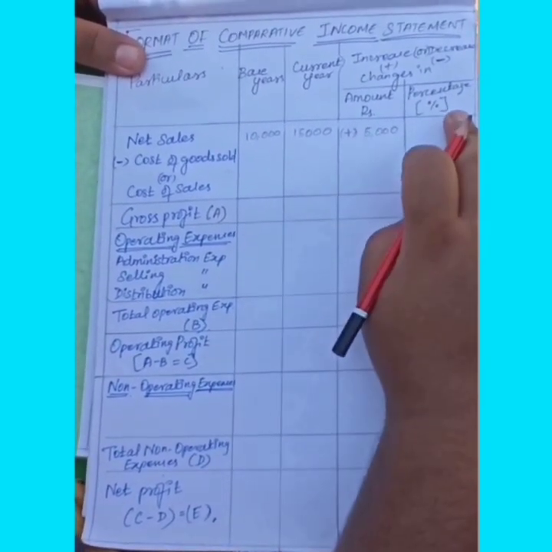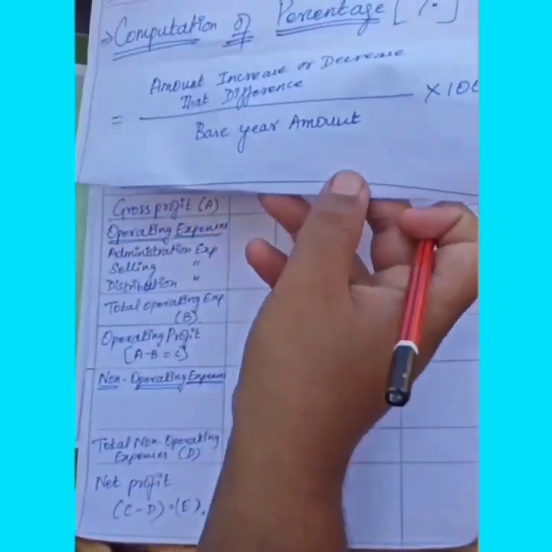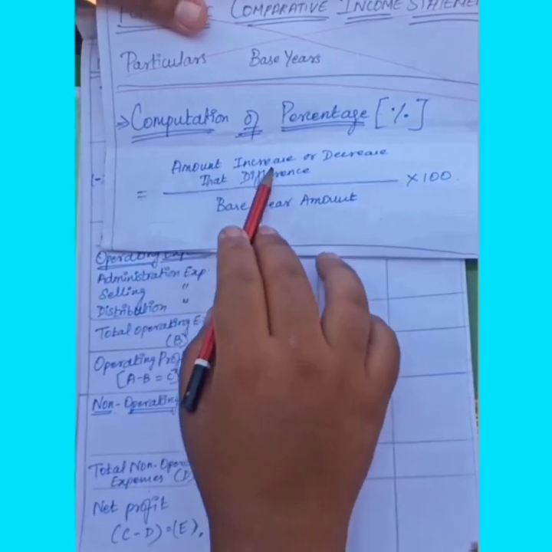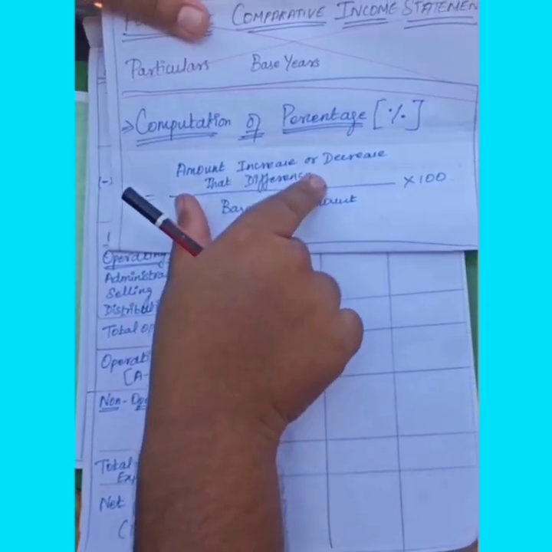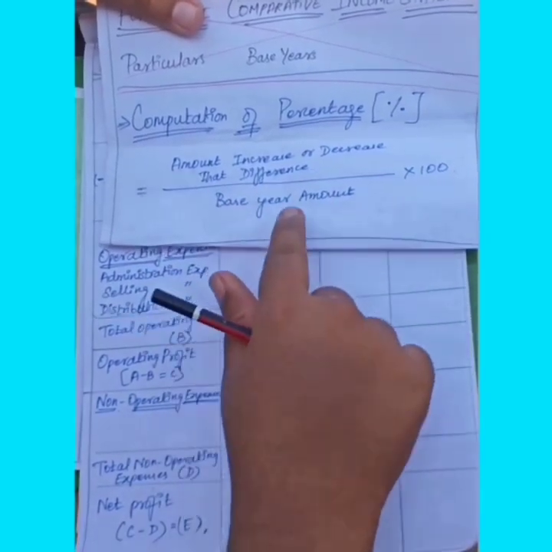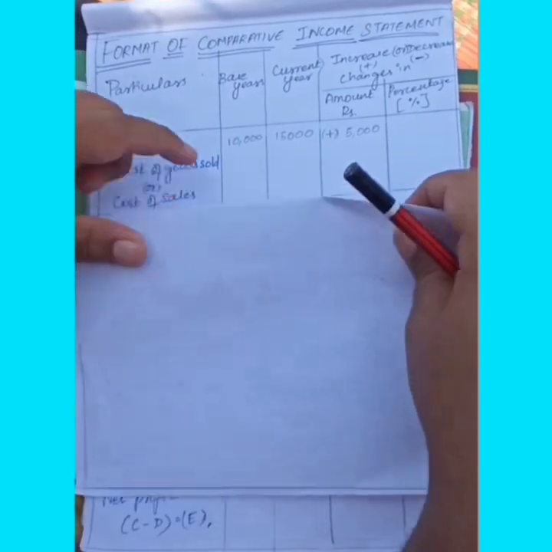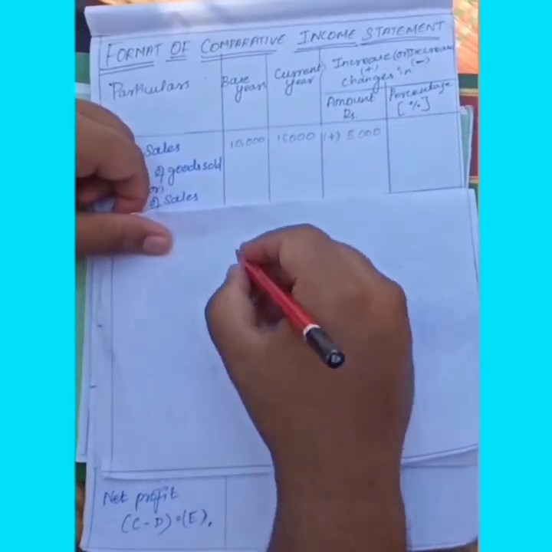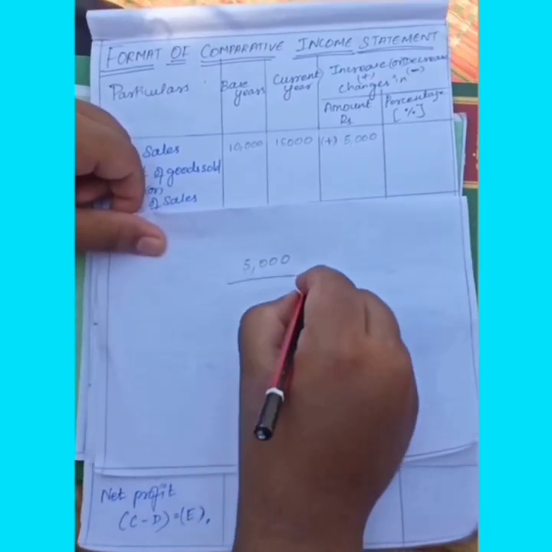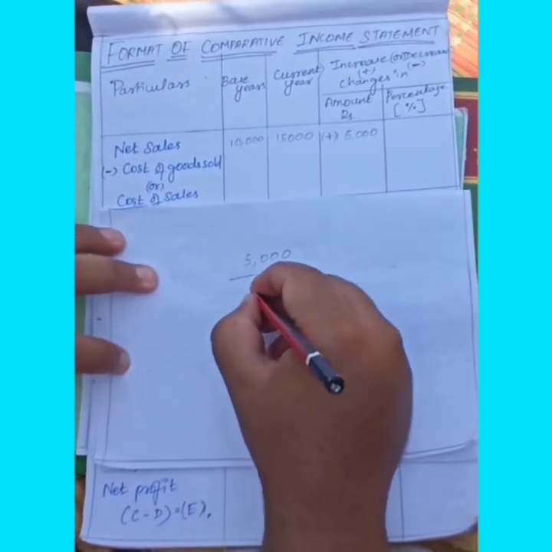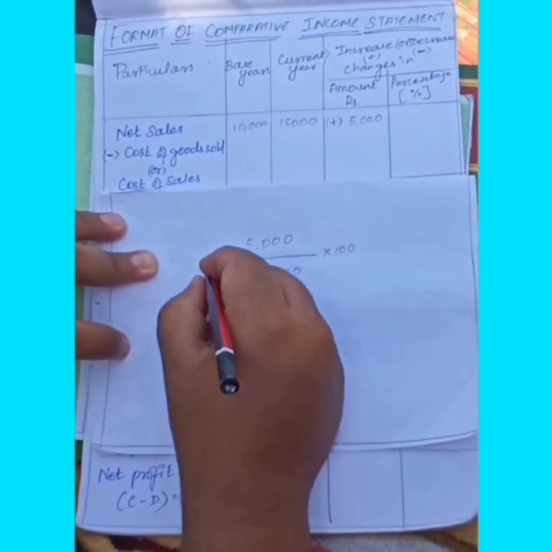Now how to compute the percentage? You have one formula for computing the percentage: the amount of increase or decrease, the difference amount only, divided by the base year amount, into 100. The difference amount is 5,000, divided by the base year amount of 10,000, into 100.